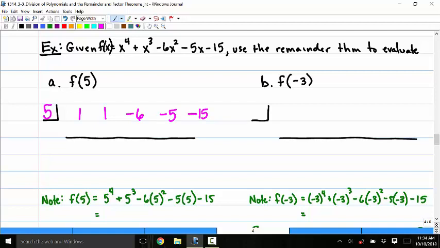Go play the game. Drop it down. 1 times 5, 6 times 5, 24 times 5 is 120. So you get 115 times 5.